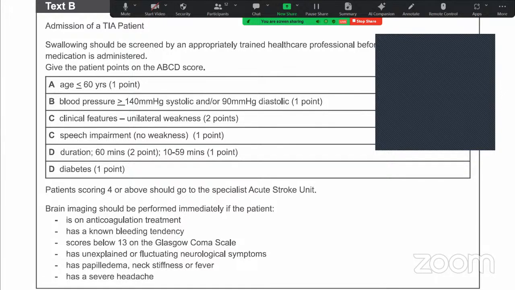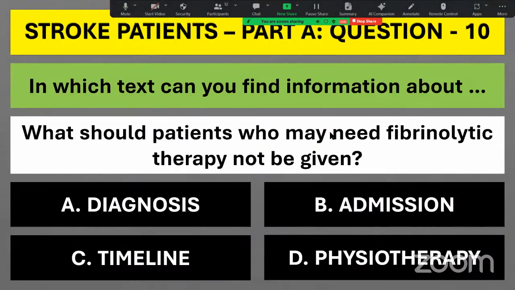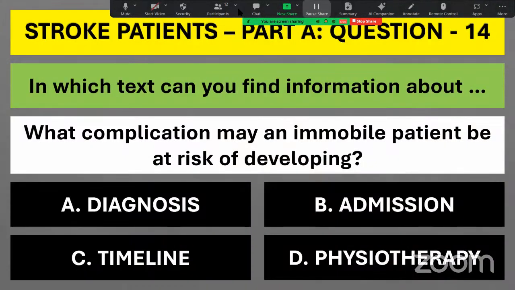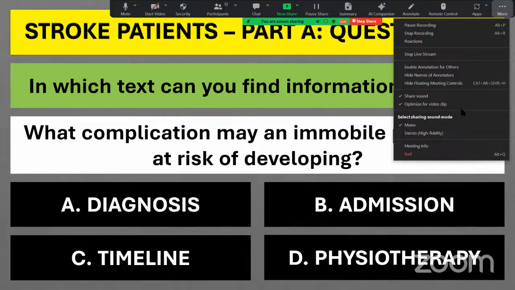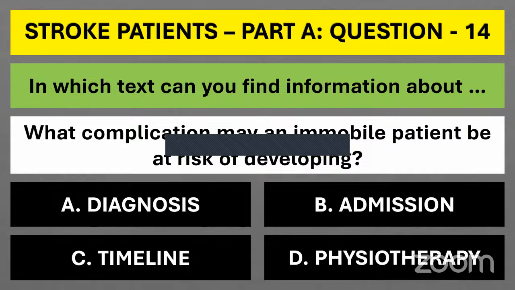Question 14. Yeah, this is question number 14. In which text can you find information about what complication an immobile patient may be at risk of developing?